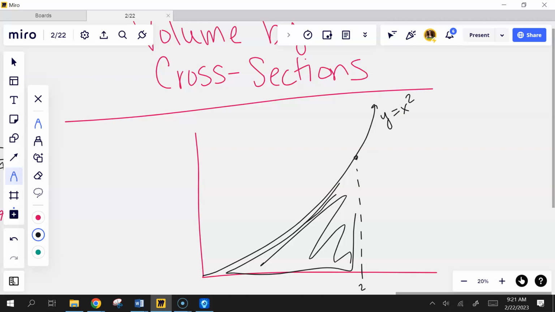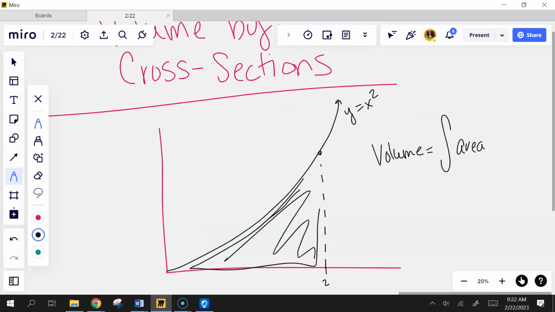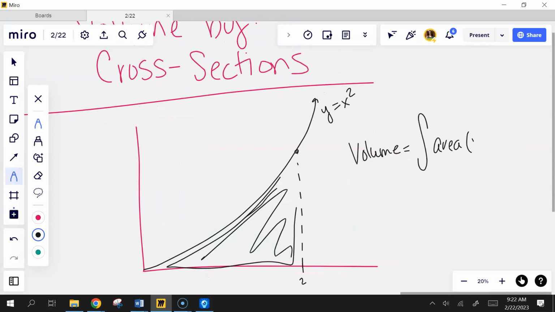And we're going to use integration to find the volume of this solid, okay? So here's what you have to remember, that volume is the integral of area. This is the area of one cross section. And then, of course, I have my bounds.